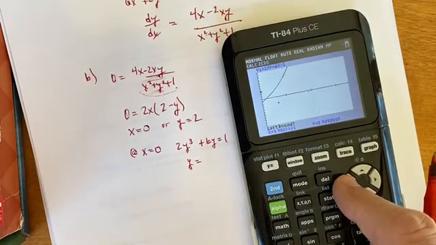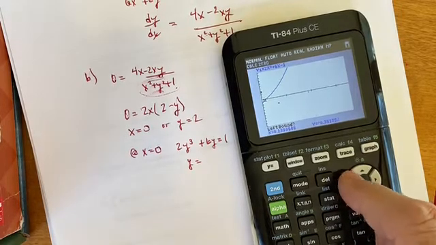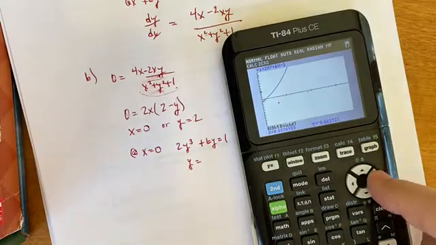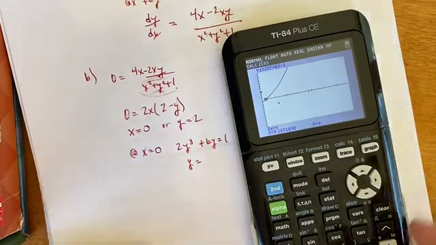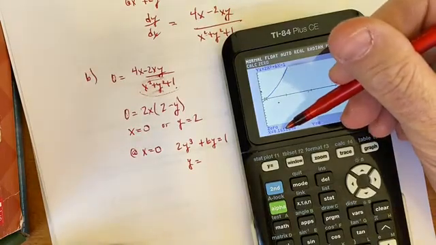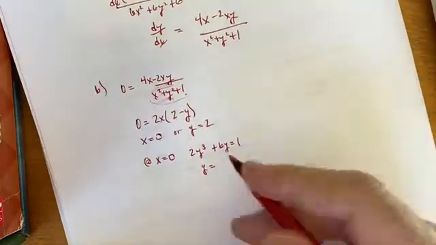I'm waiting for y to be negative, and y has to be positive. It's 0.1652.